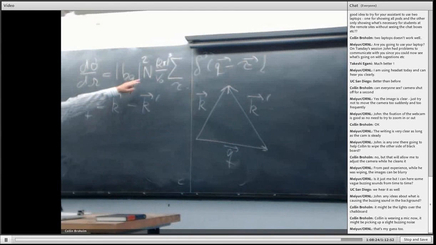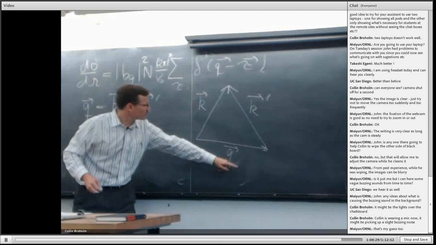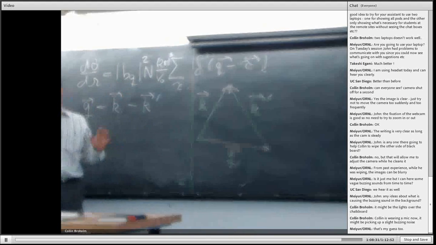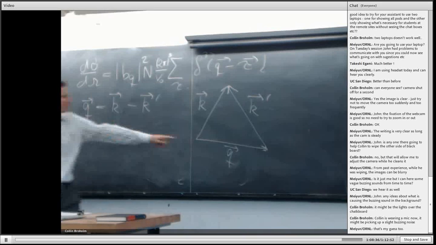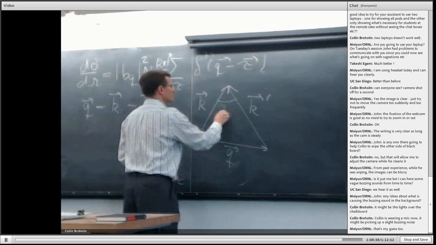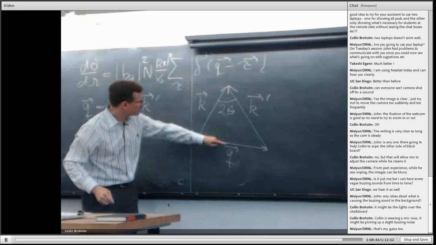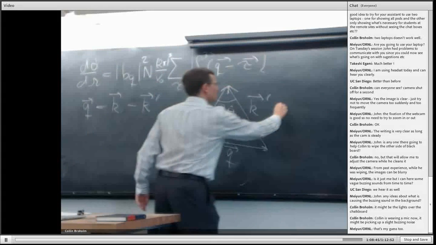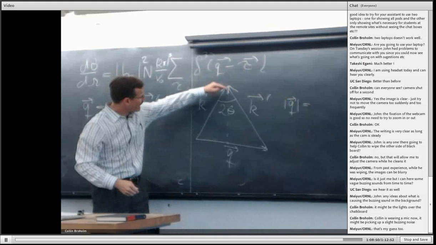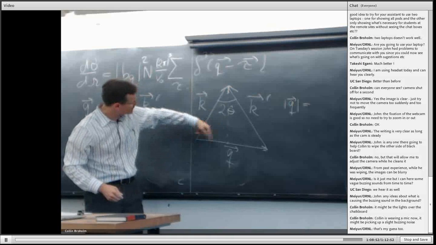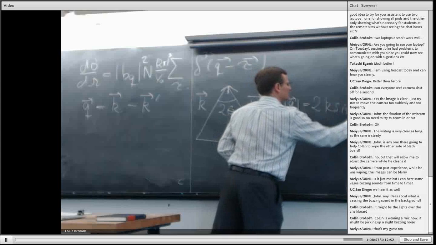And what we've seen in this expression is that I'm only going to get diffraction when this wave vector transfer matches a reciprocal lattice vector in length and in direction. Now, if we denote this angle as being 2 theta, then the length of Q is going to be equal to k sine theta, and there's another k sine theta, so that's 2k sine theta.